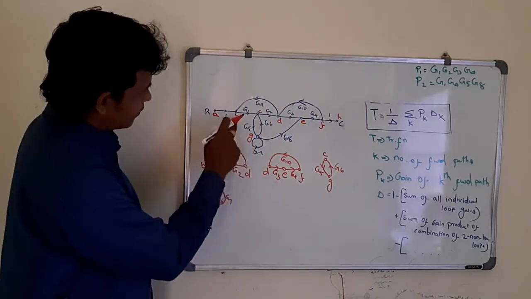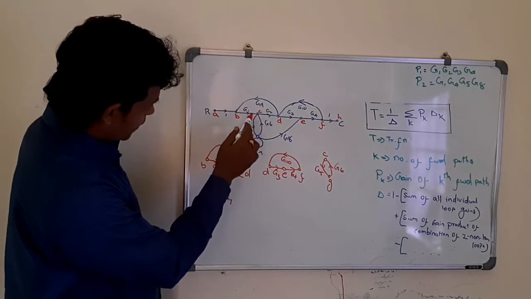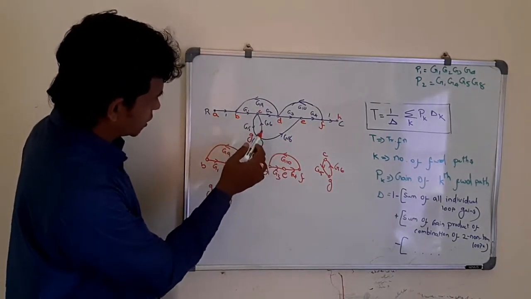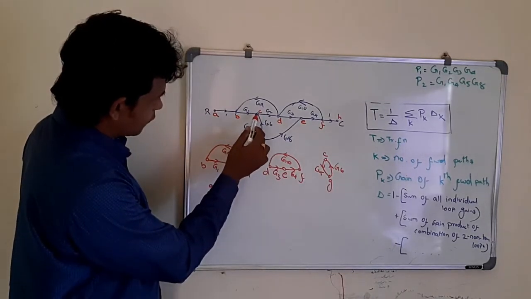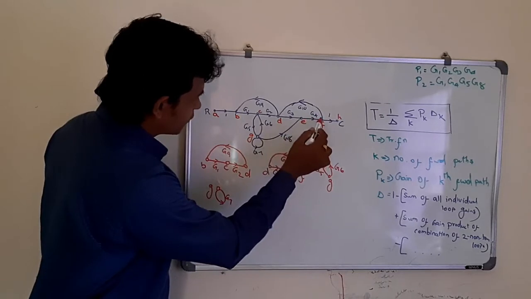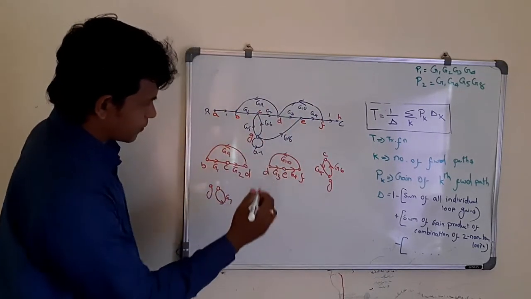And do we have any other closed path? Because we had two forward paths, we have to do all the combinations. So from C to G, then G to E, E to F, F to D, D to B, and again B to C. This is one closed path.